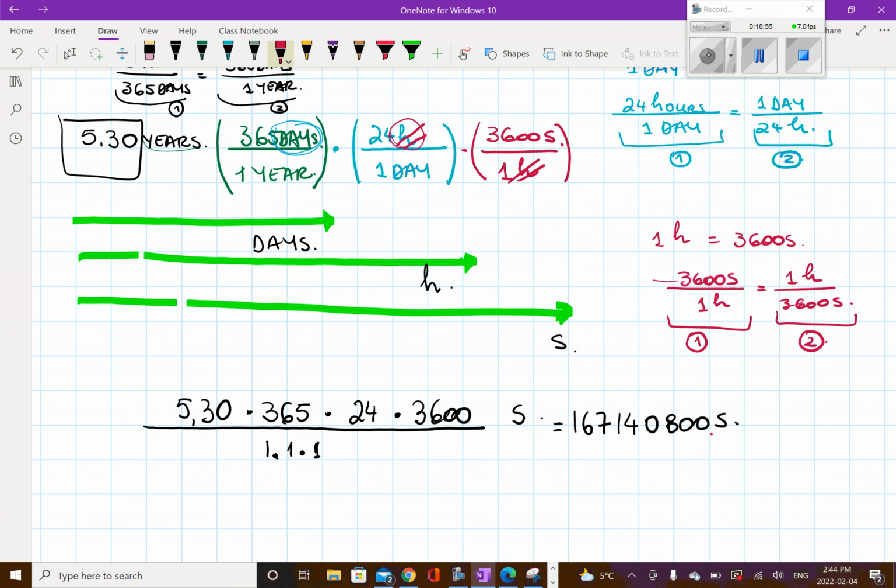So what we will do is move the decimal point 1, 2, 3, 4, 5, 6, 7, 8 steps, and we will have it as 1.67 times 10 to the power of 8 seconds. And this will be the final answer for how many seconds 5.30 years has, considering the significant digits.